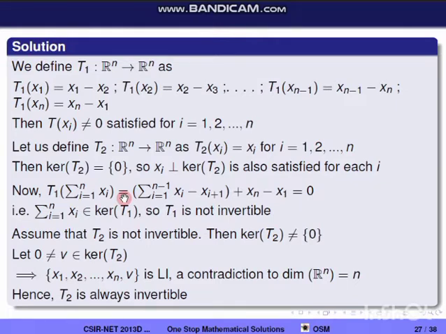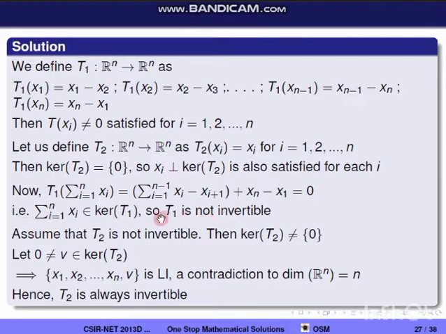Now substitute the value of T1 of xi. When we substitute and simplify, we get the value 0. So T1 of the sum of xi is equal to 0. That is, the sum from i equal to 1 to n of xi belongs to the kernel of T1. So T1 is not invertible by concept 2.